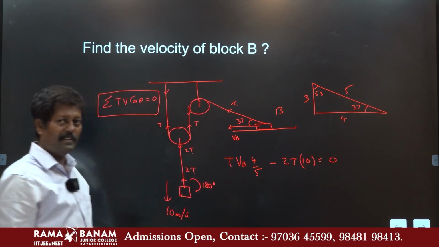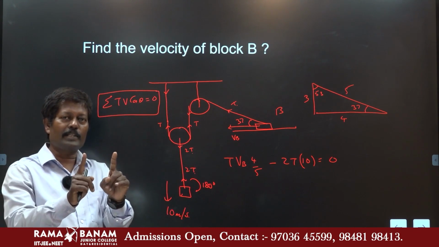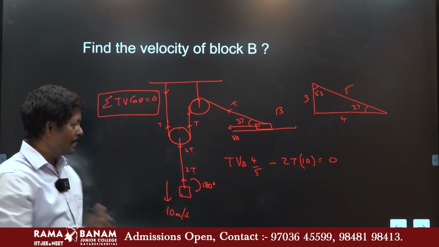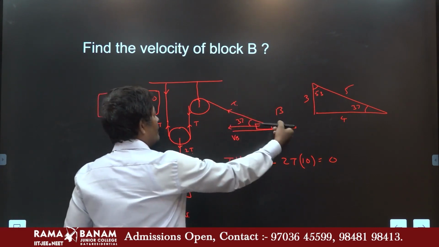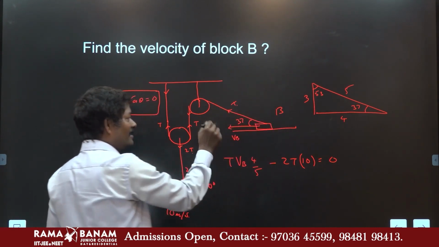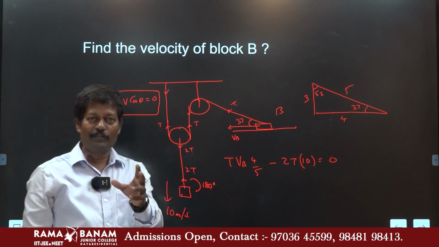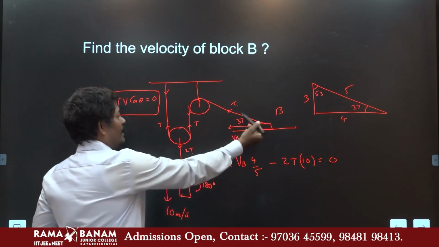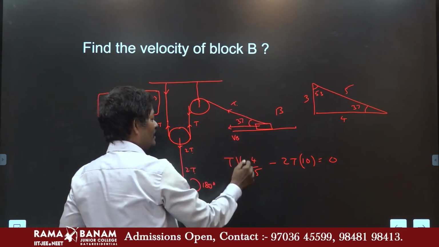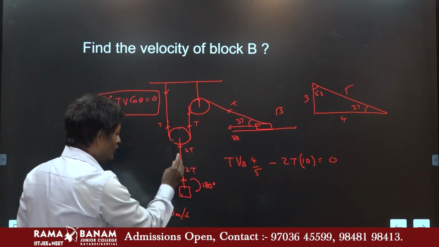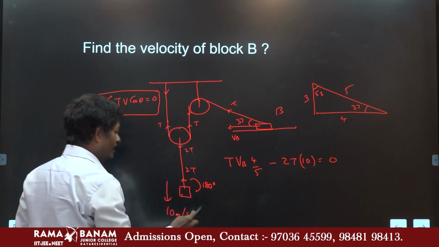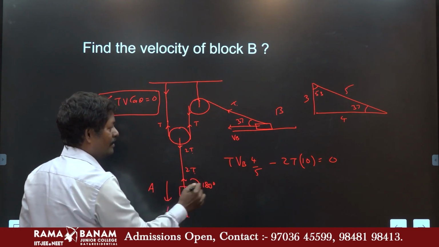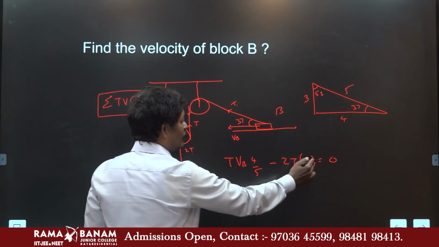Only one line equation, the sum is solved. You need not use the constraint equations. T VB cos theta. This is the best example to give you a different angle other than 0 or 180. So T VB cos 37, 2T VA, I will take this block as A, VA cos 180, minus 1, equal to 0.